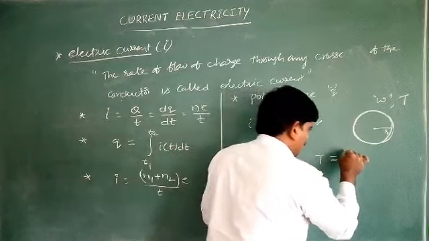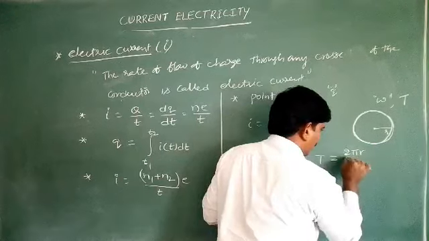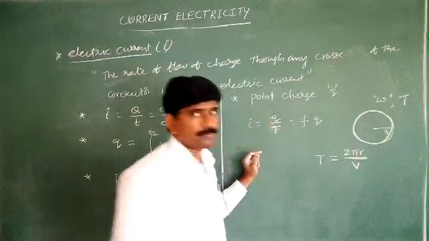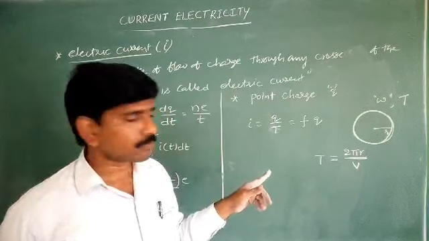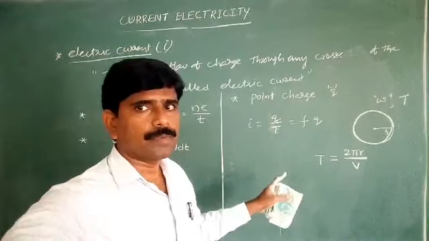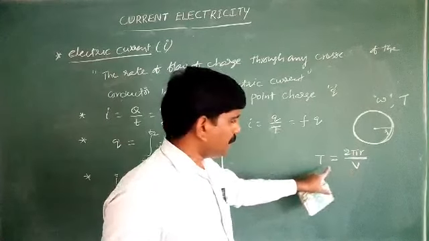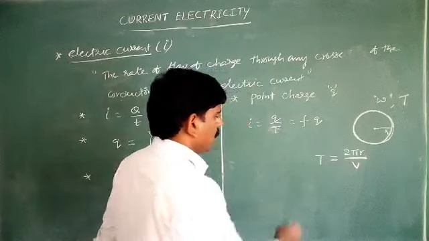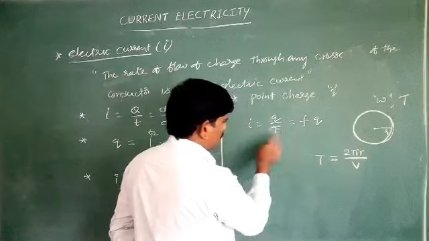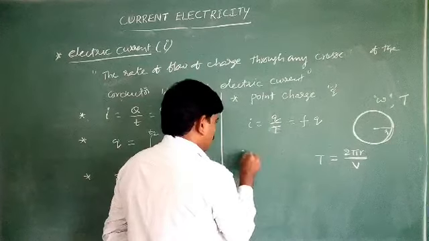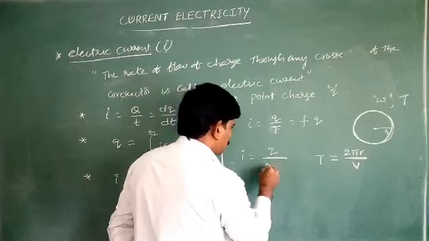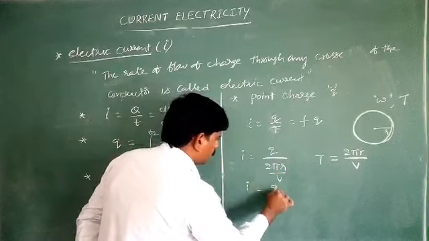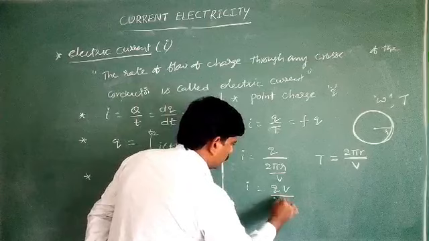Time period T is equal to distance by speed, that is circumference by velocity V. Substituting this T value, I is equal to Q by (2 pi R by V). So I is equal to QV by 2 pi R.